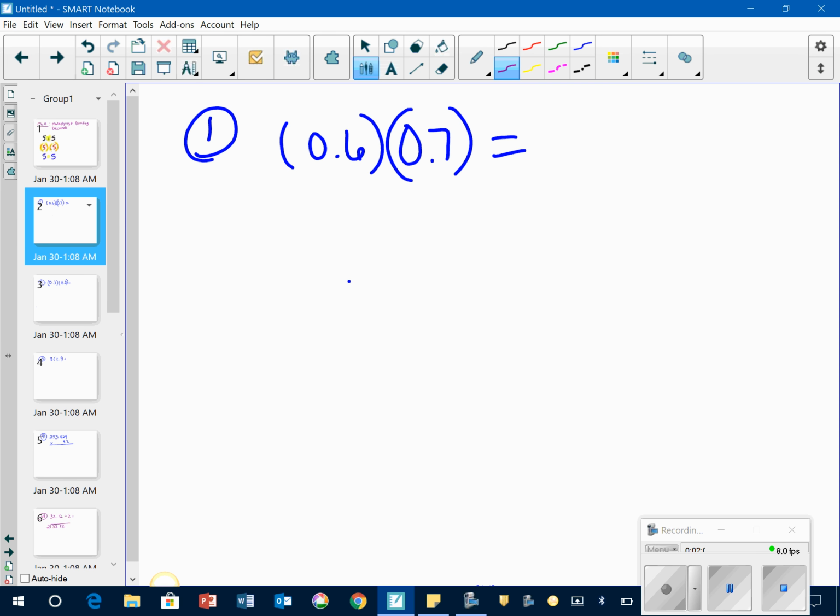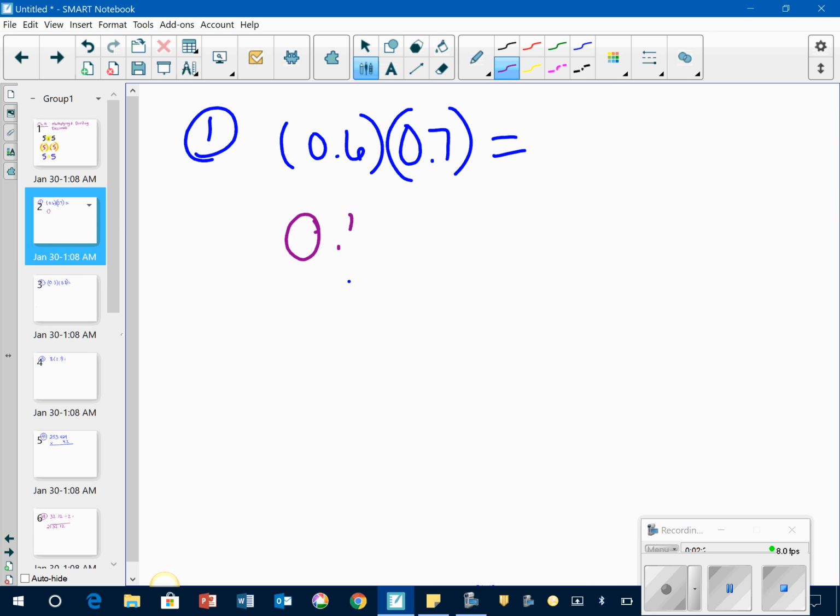Okay, so first example here, if you go to page 61, in number 1, you have 0.6 times 0.7. If you notice in your instructions, it says you can use a calculator, or you can do it out by hand. So I'll do these out by hand just to give you some examples.